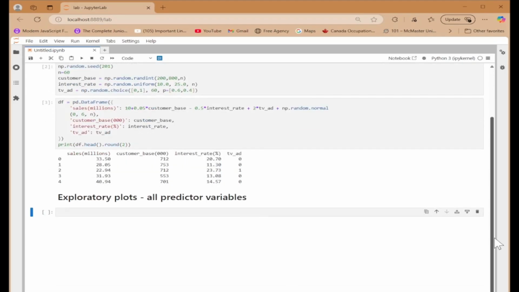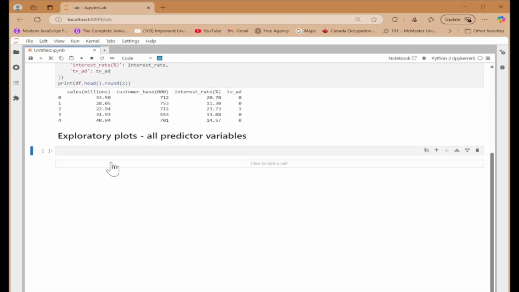So the first thing to do in this data is let's examine the scatter plot. Let's examine the residual scatter plots. Let's examine whether there is heteroscedasticity in the residual distributions.